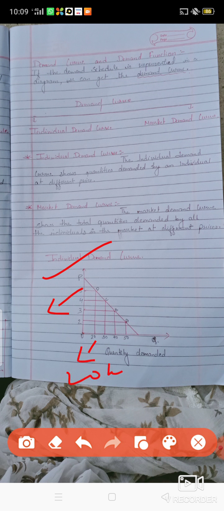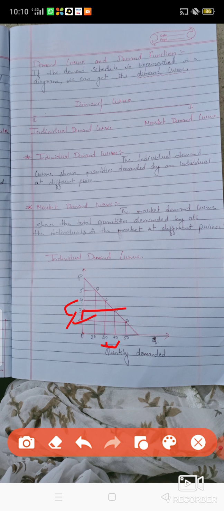When the price decreases from 5 to 4, you can see the quantity increases from 20 to 30. Similarly, when the price further decreases to 3, the quantity demanded increases from 30 to 40, and so on.